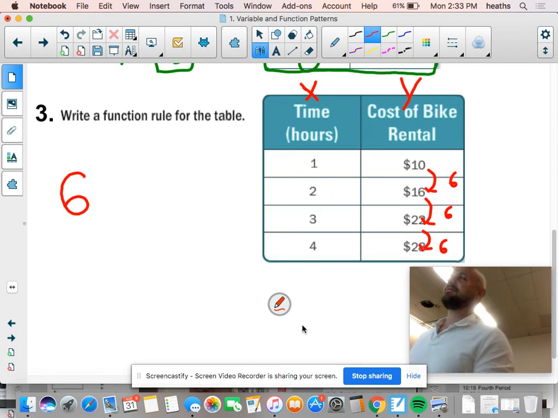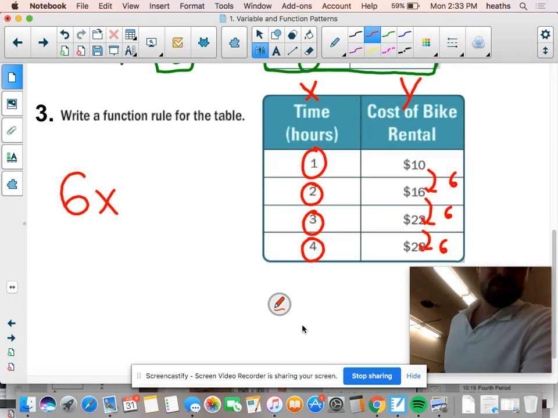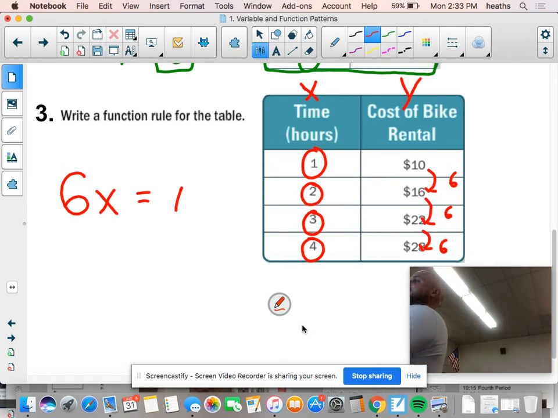I think we're going to have to go 6x, or 6 times x, because we're going to need to plug in the input value, or time, in hours, which could be this one, this one, this one, or this one, any of those x's. But the reason why this one's a little bit trickier is that we can't just do 6x equals y.